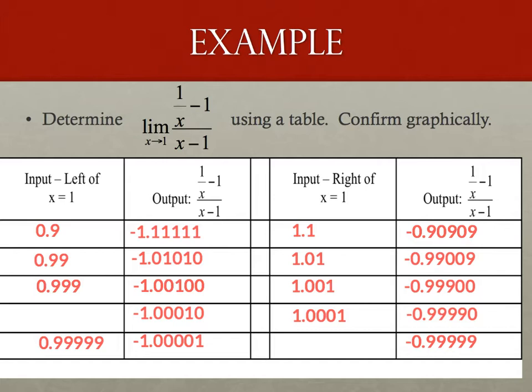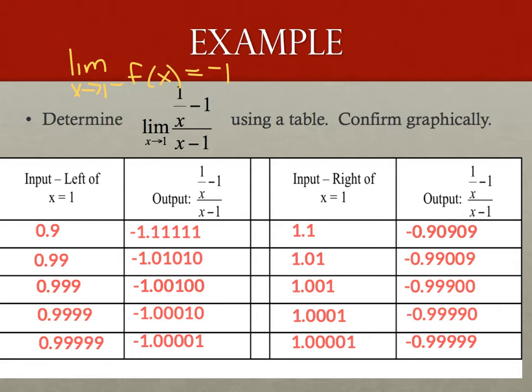As we're dealing with the left side, so being less than 1, I notice that my y values go towards −1. So when my x's are less than 1, my y values are approaching −1. So I'm going to say then that the limit as x approaches 1 from the left of this function is −1.